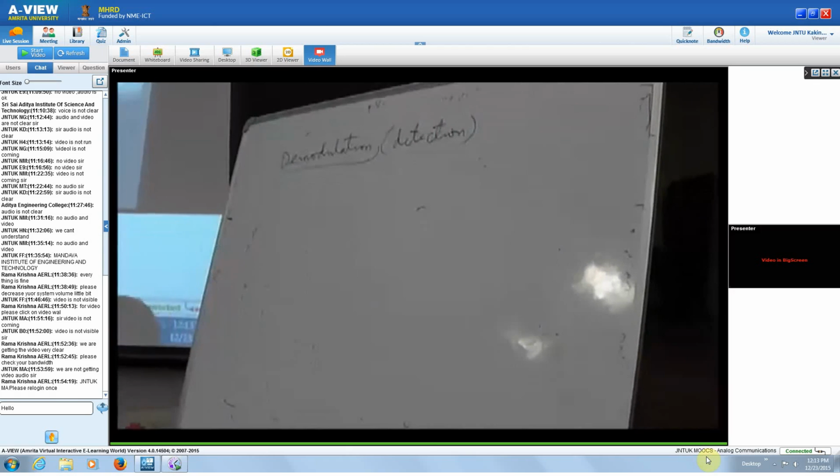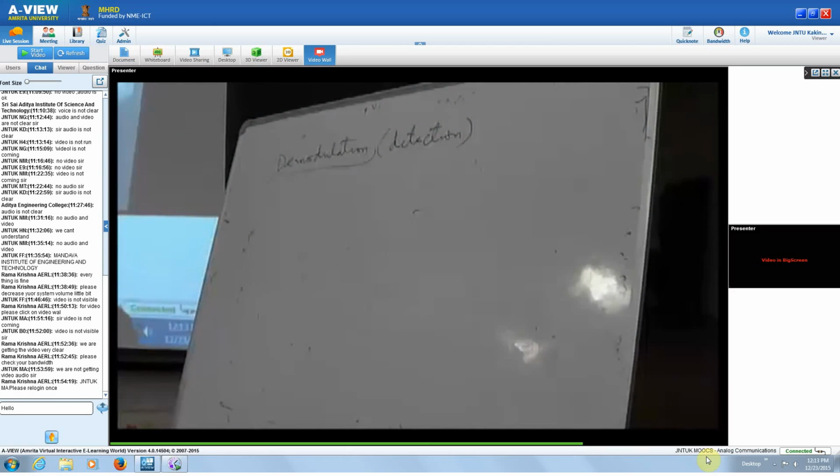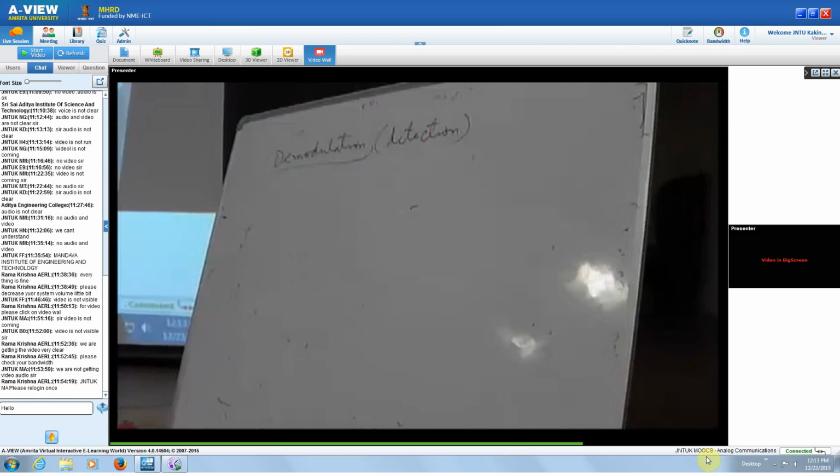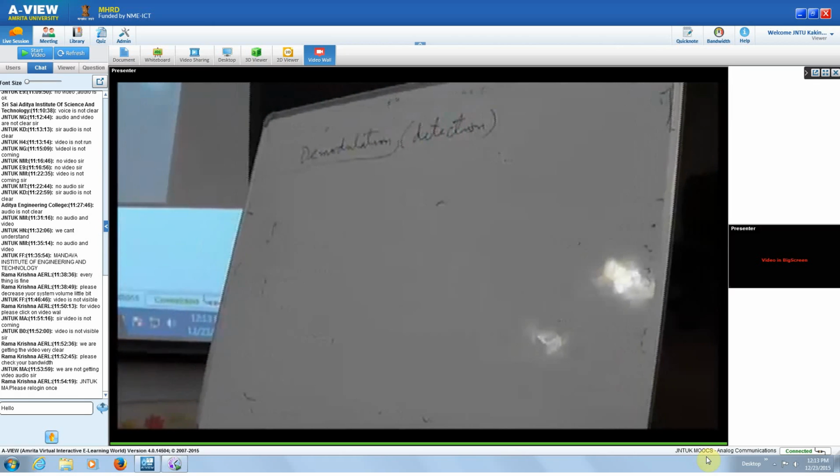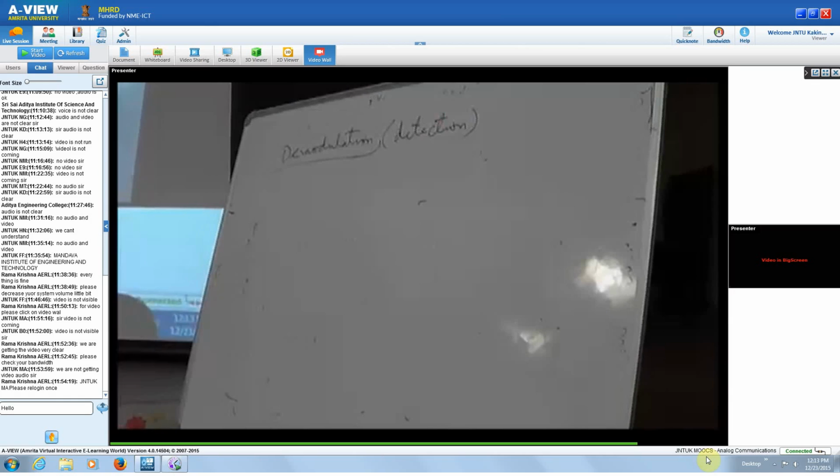We call it demodulation, because we have a modulation at the transmitter. Opposite to that, we want a demodulation, or we want to detect the signal in the presence of the carrier.